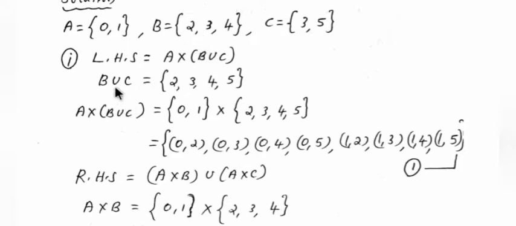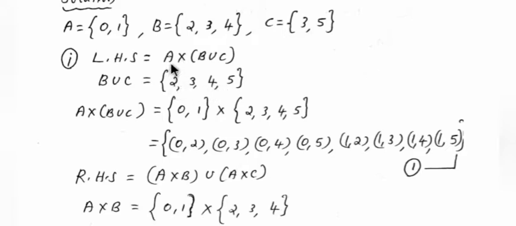We will get B ∪ C, that is 2, 3, 4, 3, 5. So 2, 3, 4, 5. Here 3 is repeated, therefore take 3 one time. Now we get B ∪ C is equal to this set.